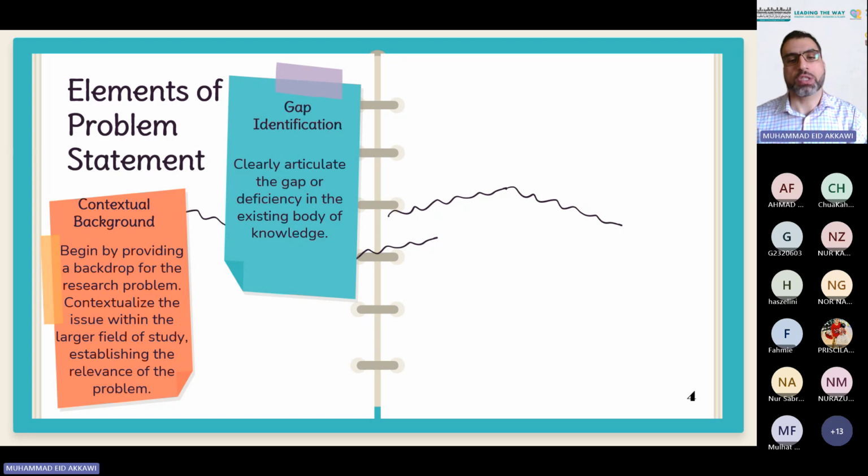Some of the students will write about the problem, about the waiting time, and to what extent this will be bad for the patient and even for the business run by the clinics, etc. But they will not say what the gap is.